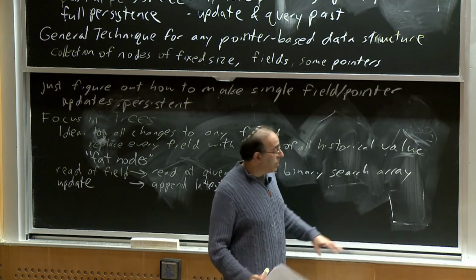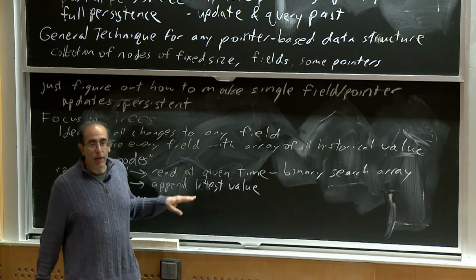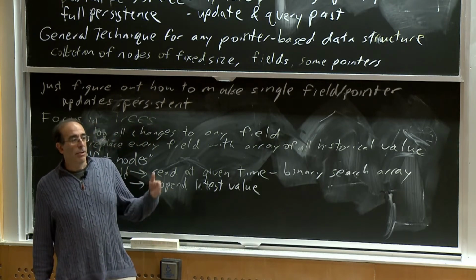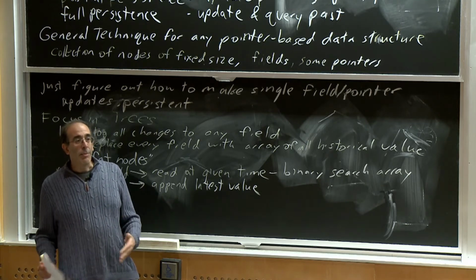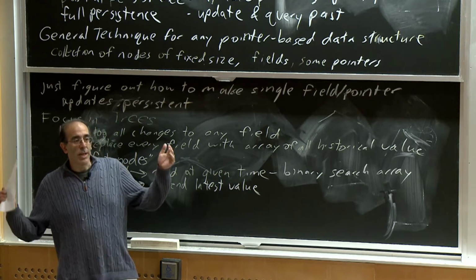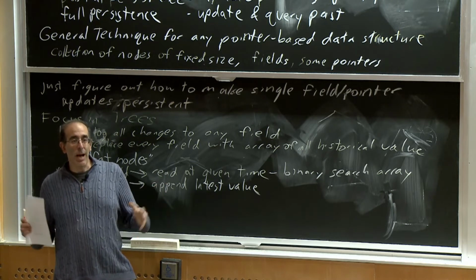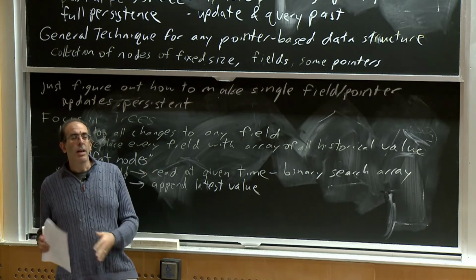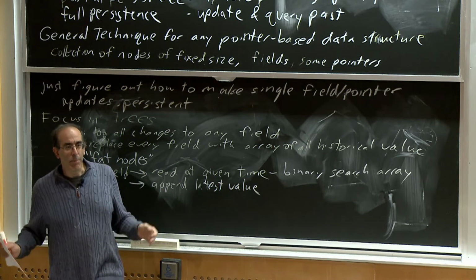Now, the fact that I'm using an array makes updates a little bit more complicated, because every once in a while I'm going to run out of space in the array. But this is very elementary algorithms. If I just double the size of the array every time I run out of space and copy everything over to the bigger array, that doesn't really change the amortized cost of any of my operations.